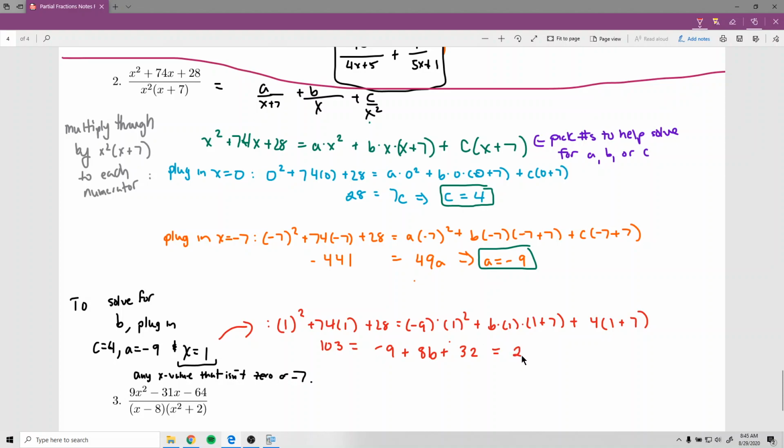We got 23 plus 8B. So we've got 103 equals 23 plus 8B. Subtract the 23, we get 8B equals 80. And then divide by the 8 and we get B equals 10.